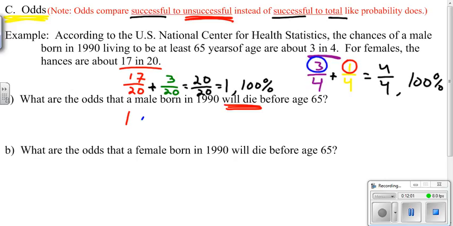So we would say 1 to 3 are your chances. You can either write odds as a number, 1, another number, 3, or you can write it similar to how we had probability in that fractional form, 1/3. I tend to write them as 1 to 3 just because odds make more sense to me saying 1 to 3 instead of 1/3.